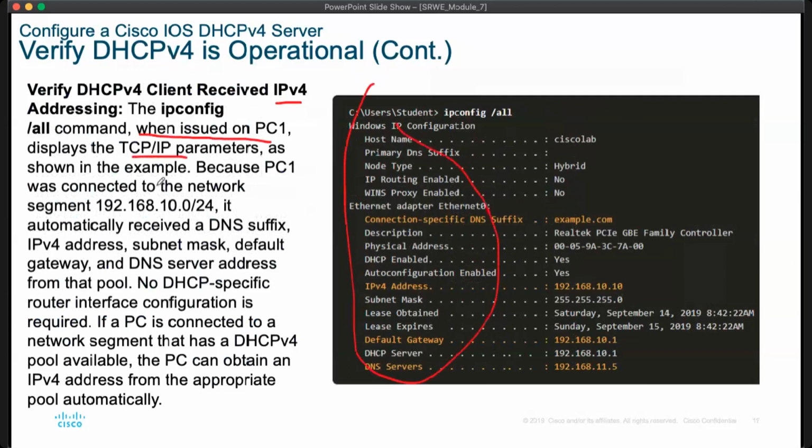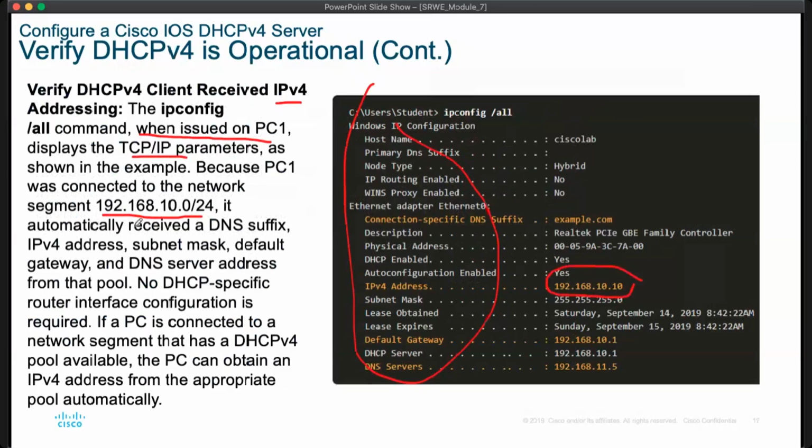PC1 was connected to the network segment 192.168.10.0/24. So this is the IP address.